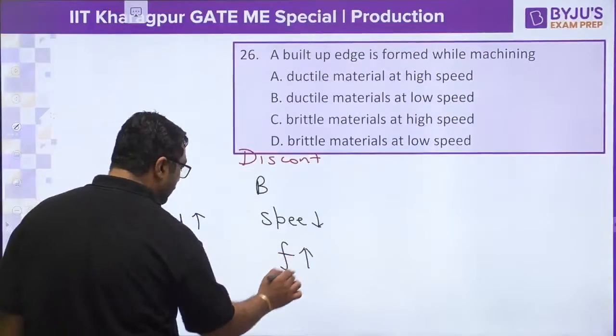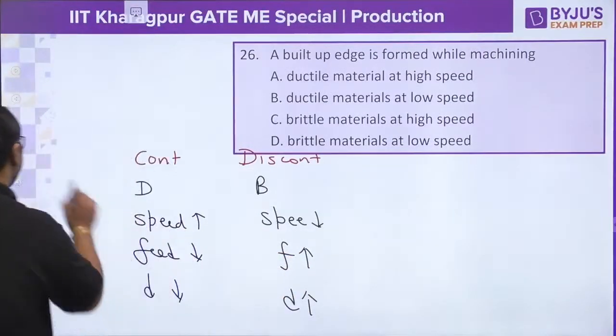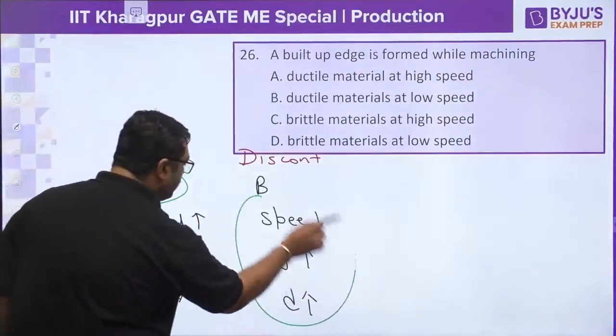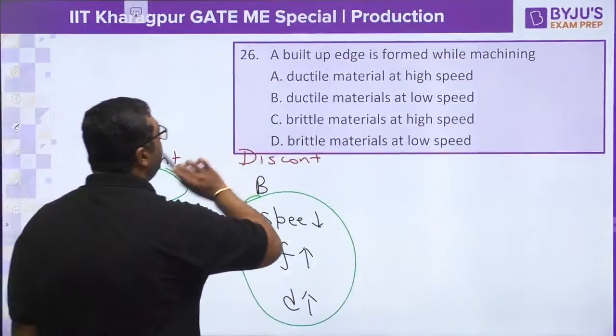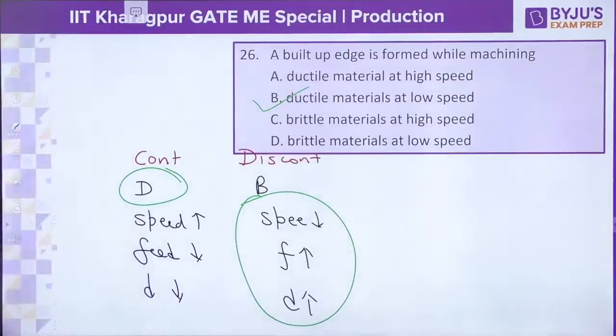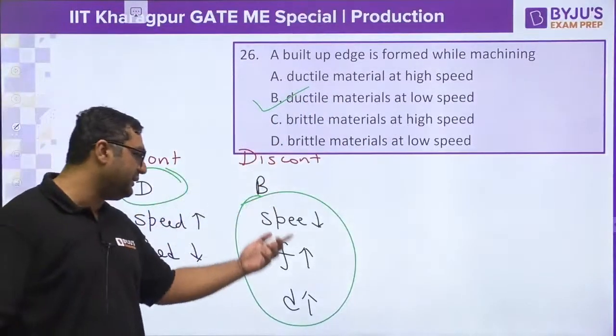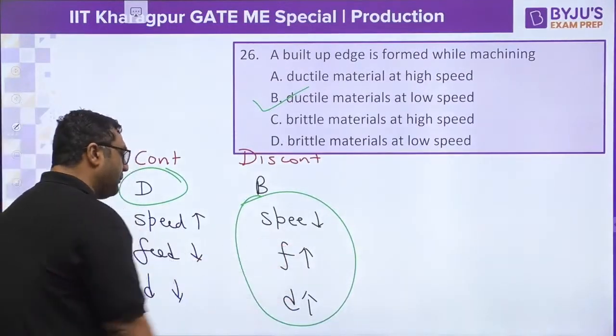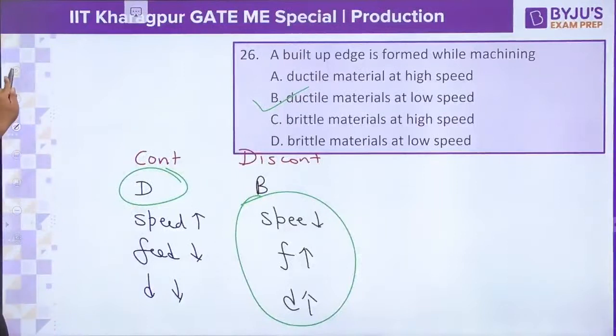Discontinuous when the feed is more and depth of cut is more. So if you consider the first factor of continuous and the other factor of discontinuous, you will get the built-up edge. So ductile material at low speed will be the answer. So ductile material with less speed, more feed and more depth of cut, you will get built-up edge.